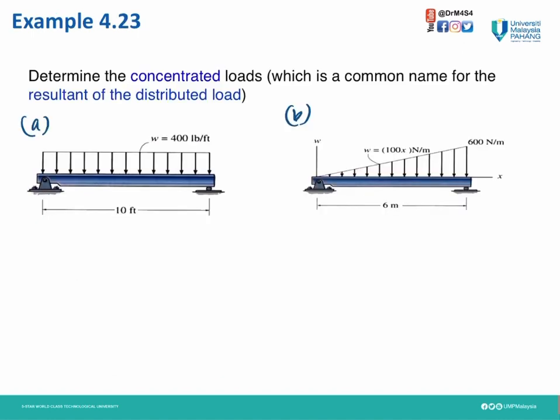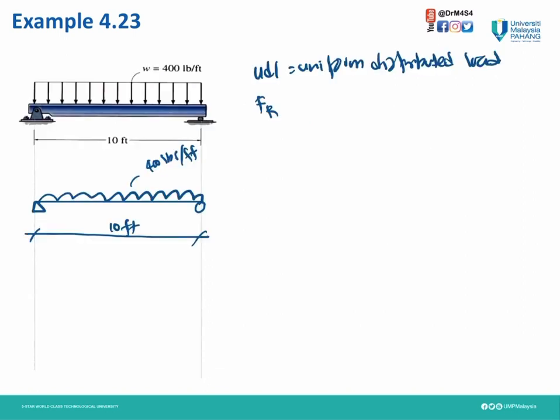Now let's do example 4.23. For this case, we need to determine the resultant load for case A and case B. For case A, as you can see here, the distributed load is 400 pound over feet. The length of this beam is 10 feet. Therefore, the UDL on that beam is 400 pound over feet.